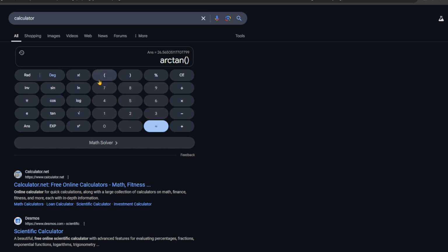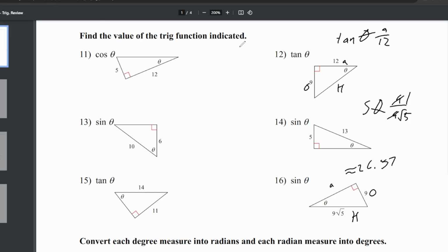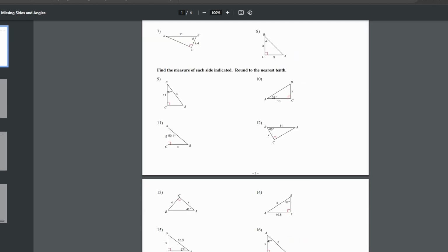Inverse tangent of 9 over 12 would be 36.869, or 36.87 degrees approximately.